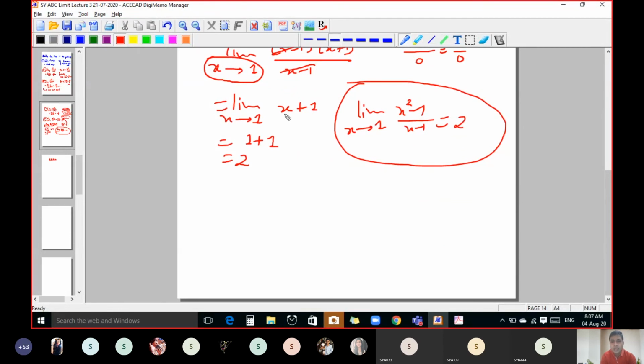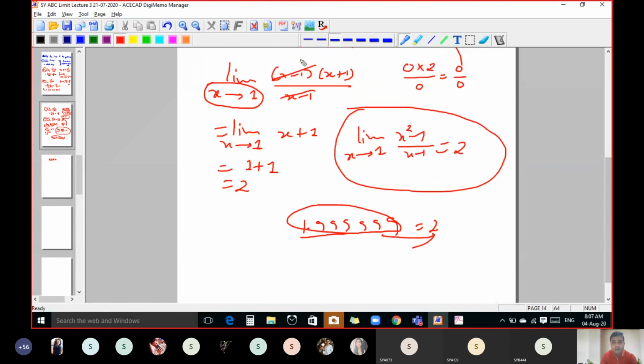So 0.9999999 plus 1, we get 1.99999, and you can say that it is very nearer to 2, because 1.99999 normally we can write as 2. And that is why after cancel, we are not able to cancel this if x is 1. That is why we introduce the concept of limit, that x cannot be 1, and once we cancel that we get x plus 1, and then you have to put x very nearer to 1.